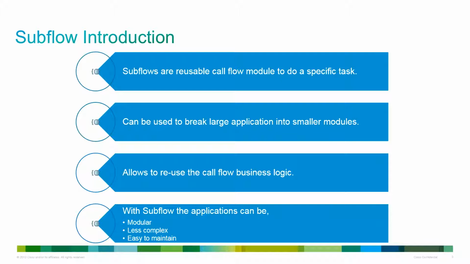They can also segregate applications based on function, building a modular application with lesser complexity. The application size will be reduced because of the reuse of the logic developed. Effective use of subflows will result in easy maintenance of the application because the complexity is reduced.